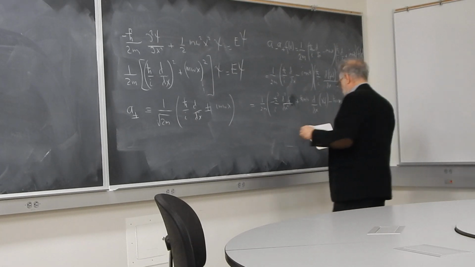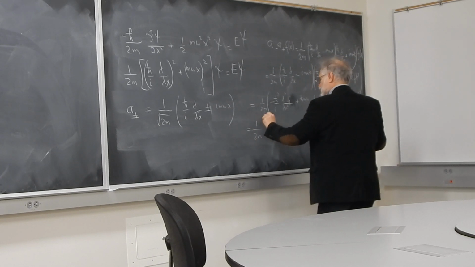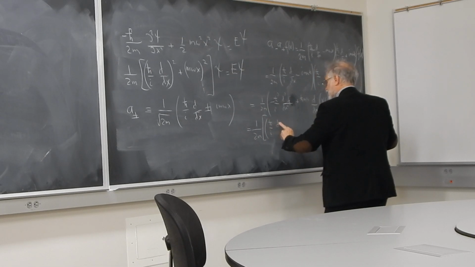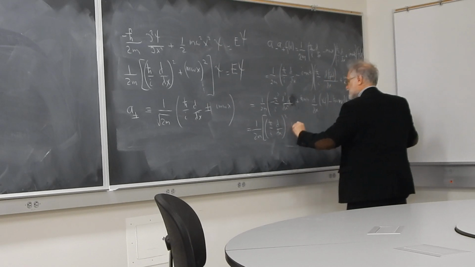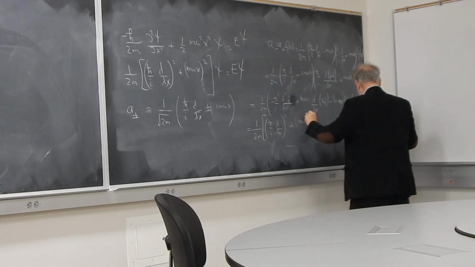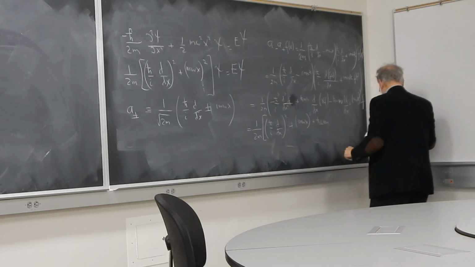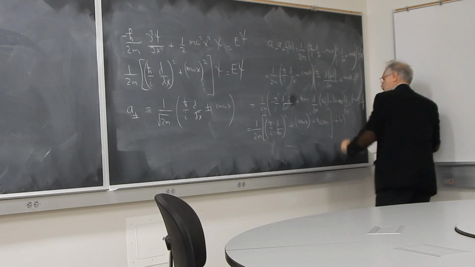Now when I collect terms, I'll get 1 over 2m times (h bar over i d/dx) squared plus (m omega x) squared plus h bar omega times m plus h bar omega, h bar omega m times f of x.